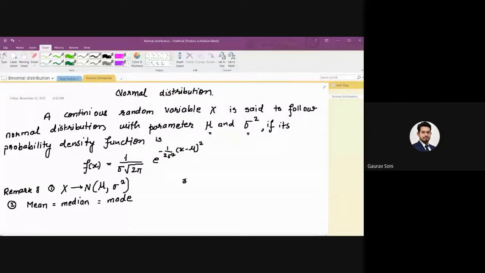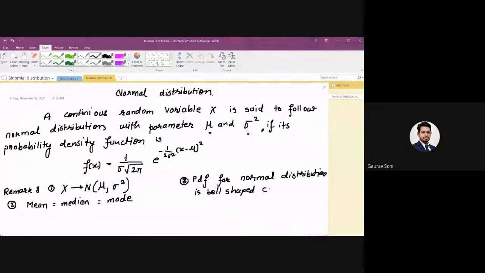Third one: the probability density function for the normal distribution is a bell-shaped curve.